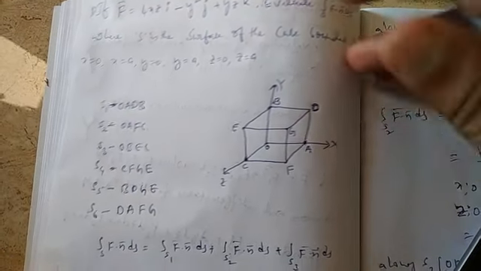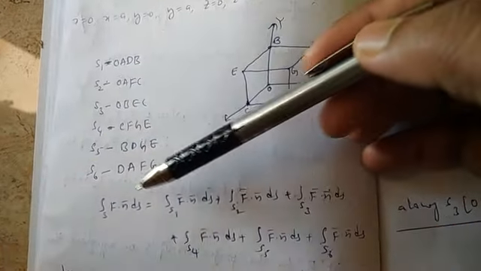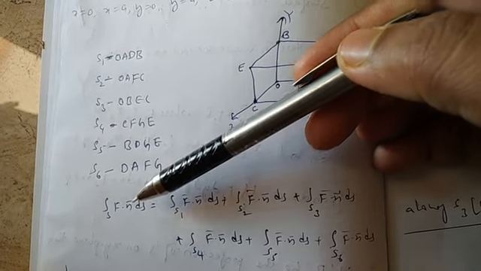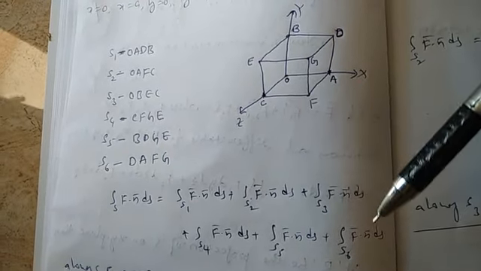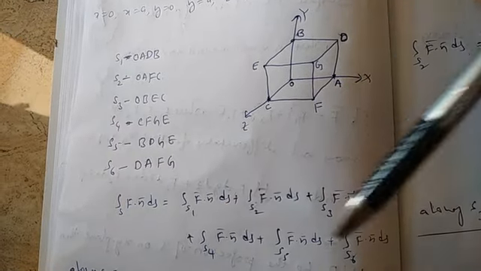For this cube we have 6 surfaces in total. Over each surface we need to integrate, so the integral over S of F dot n dS can be divided into 6 surfaces: S1, S2, S3, S4, S5, S6.